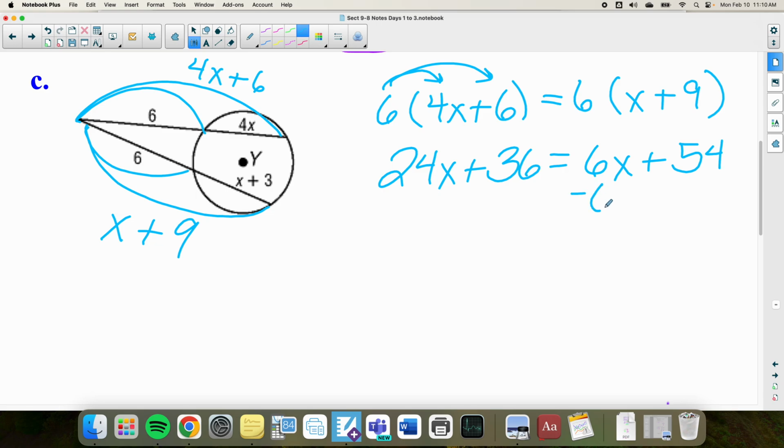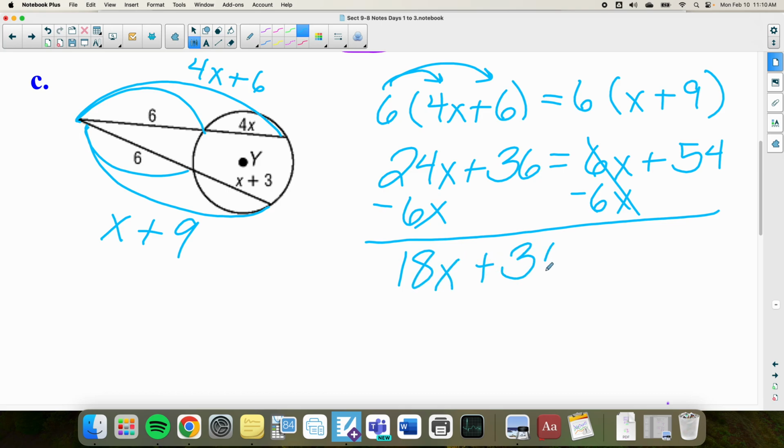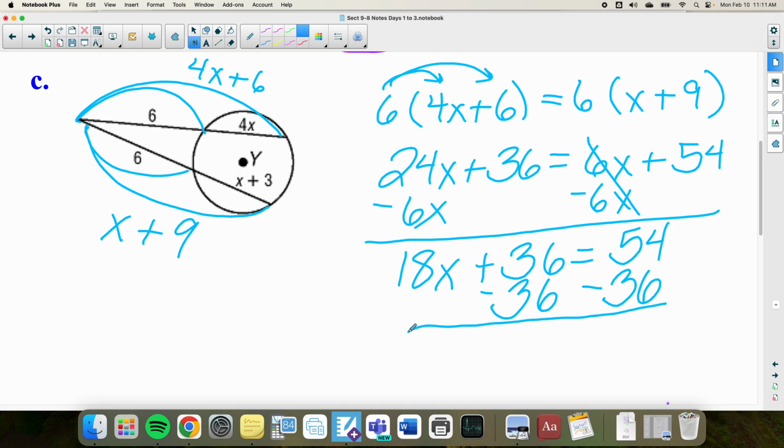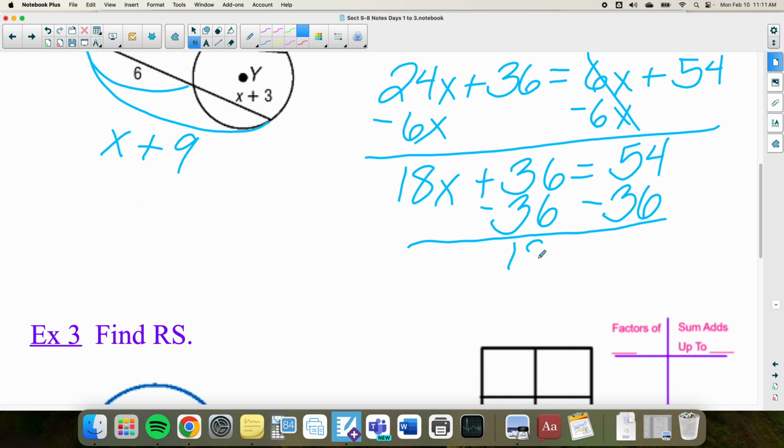Then I'm going to subtract 6x. 24x minus 6x is 18x plus 36 equals 54. Then I'm going to subtract 36. So then I get 18x equals 18. And x is 1. Is that what you guys got? Okay.